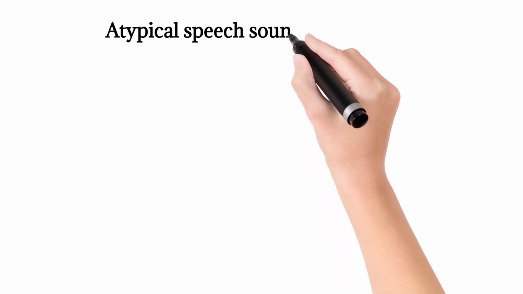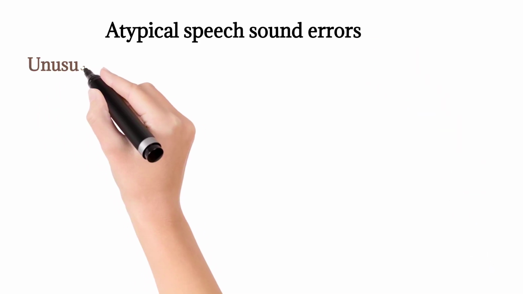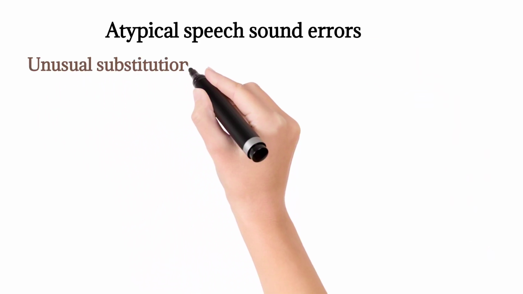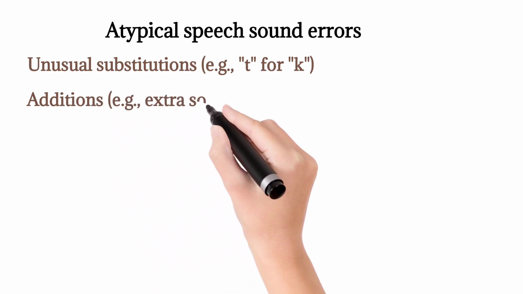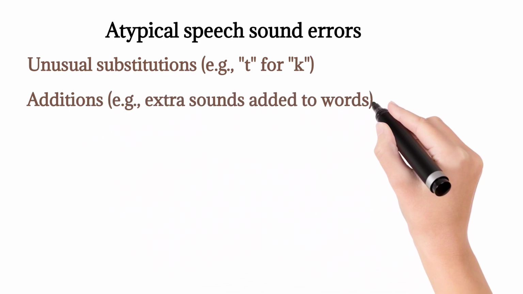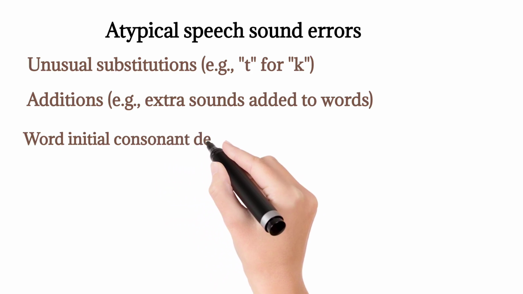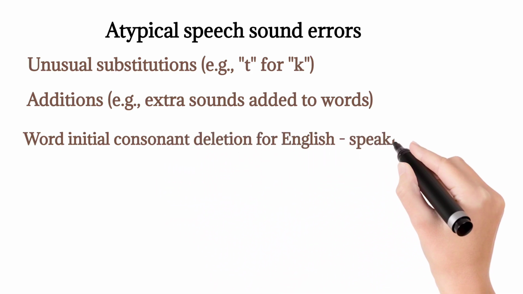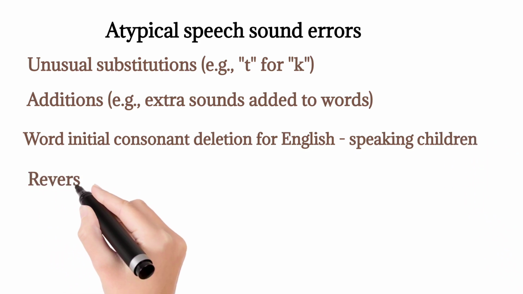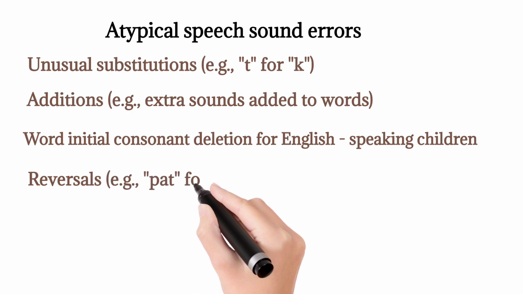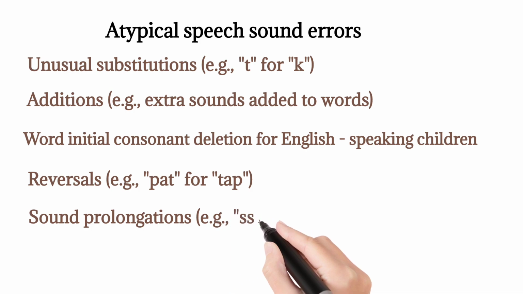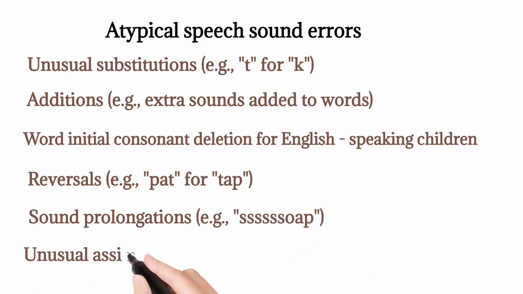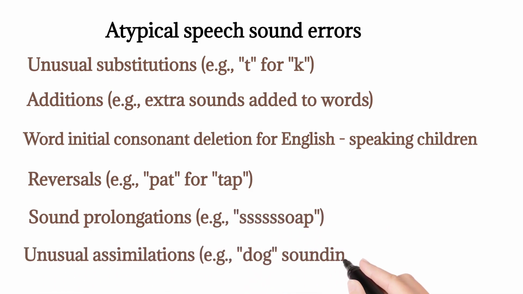Next is atypical speech sound error for the language spoken, and it involves unusual substitution, addition, for example, extra sounds added to words, word initial consonant deletion for English speaking children, reversal, for example, pat for tap, sound prolongation, and unusual assimilation, and many more.